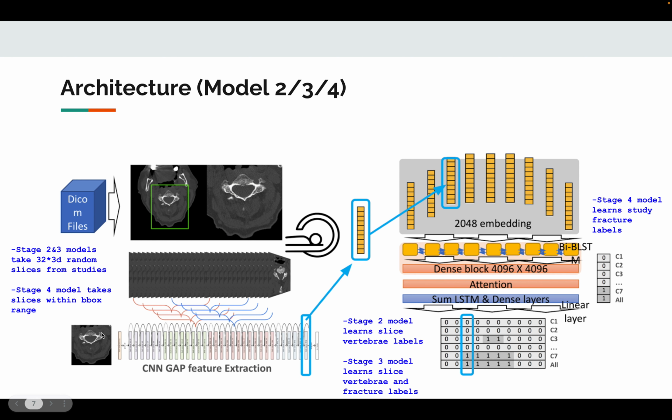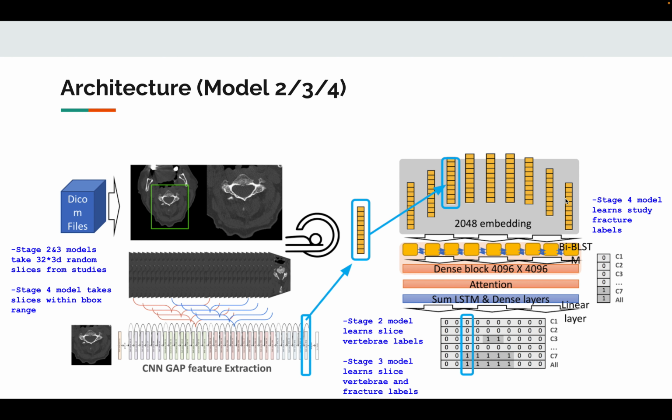We take 3 slices per image, so if we take 96 slices and divide that by 3, it gives us 32 images that actually go into the model for this sequence. We pass that through a CNN and take the GAP layer for each of those 32.